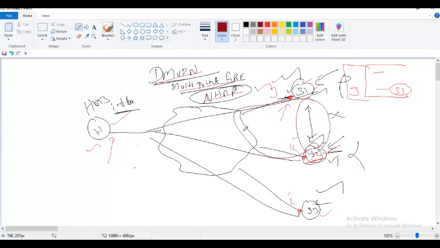Now all the spokes will come and talk to the hub saying, I'm your spoke. This is my public IP address. This is my private IP address. Using NHRP, S1, S2, S3 gives their information to the hub. Hub maintains a table called NHRP mapping table.